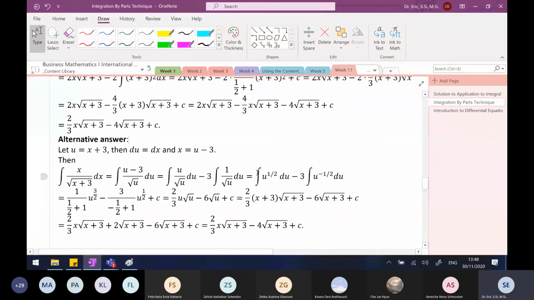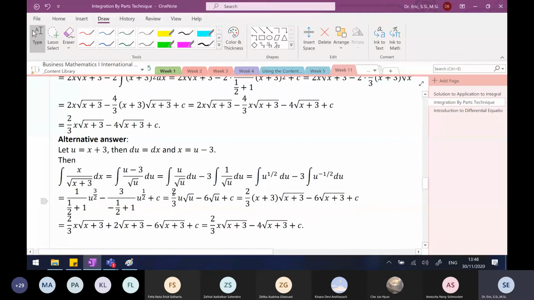What is the integral of this? 1 over (a half plus 1) times u to the power of (a half plus 1). This is 3 over 2. Minus 3 divided by (minus a half plus 1), which is a half, times u to the power of (minus a half plus 1), plus a constant.